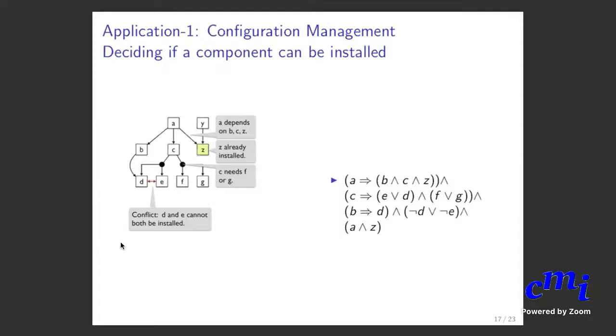And there are various constraints. So here, this arrow means in order to use A or to implement A, to install A, you need all these three components, okay, because it depends on all three of them. So this yellow means it's already installed, okay?